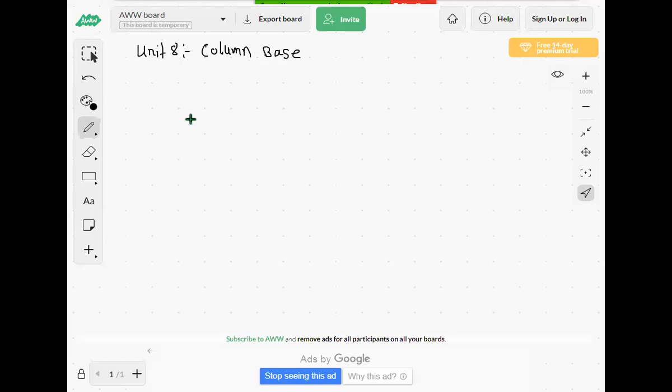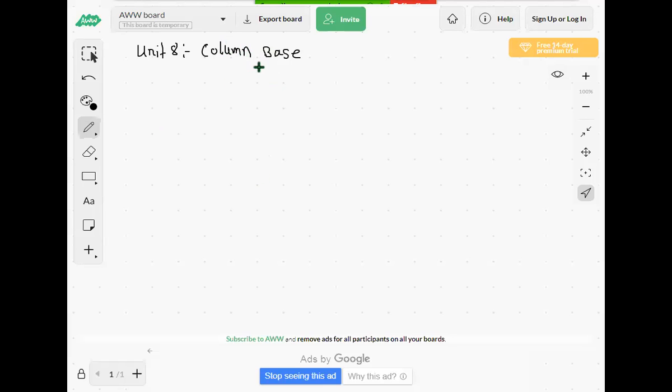Generally, the load transmitted by the column on the concrete pedestal, through an attachment provided in between the column and concrete pedestal, is called the bearing plate or the base plate. I will show you by a sketch what we actually call a base plate or column base.